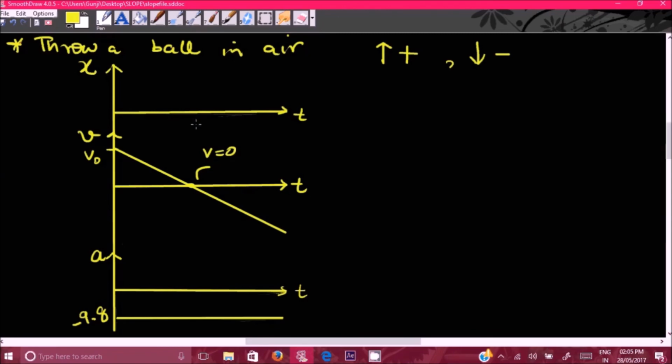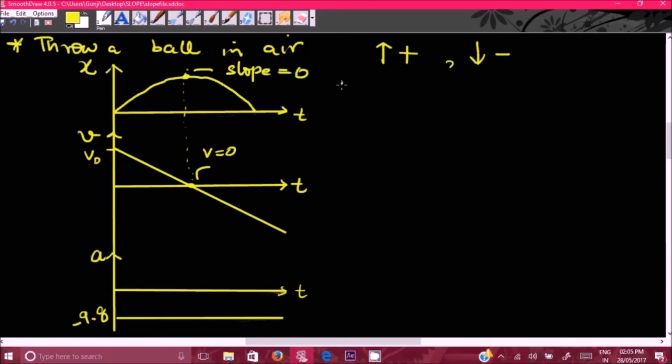It means at exactly this location, the slope will be 0. The graph starts with a positive slope and then it becomes 0 and then negative slope. So at exactly this location, the slope of xt graph is 0.